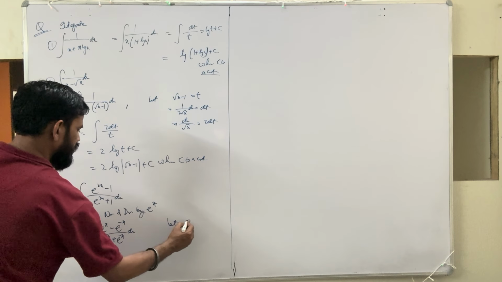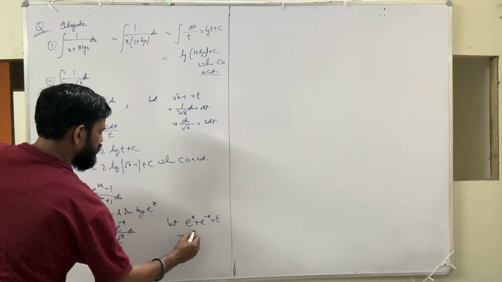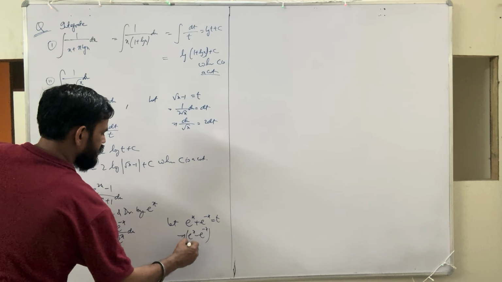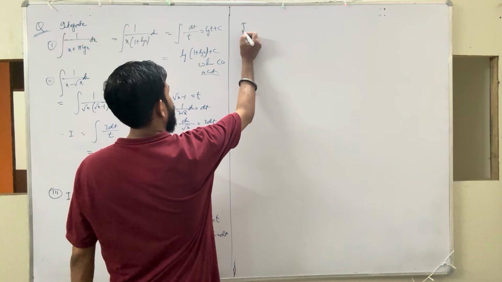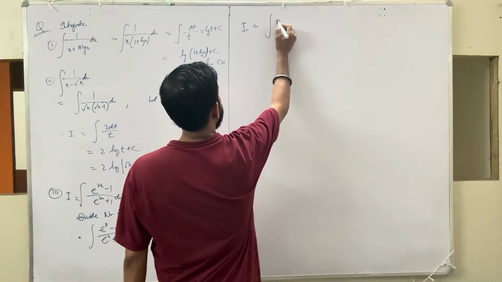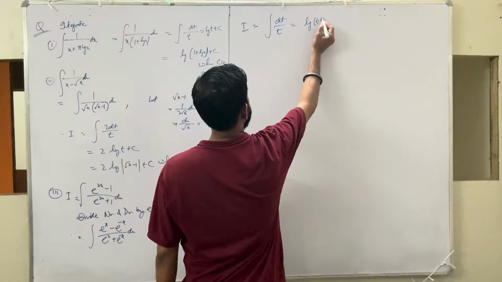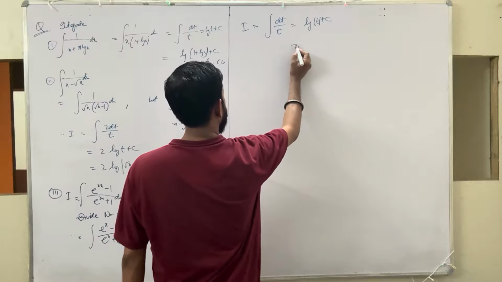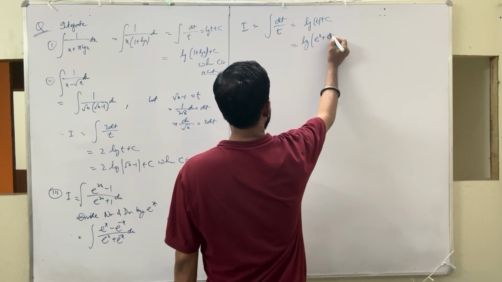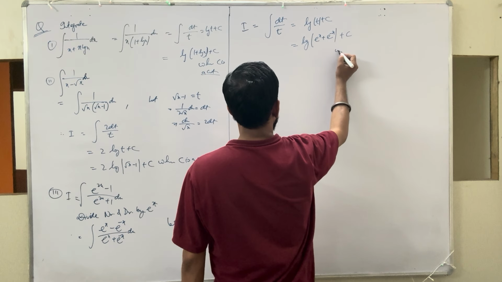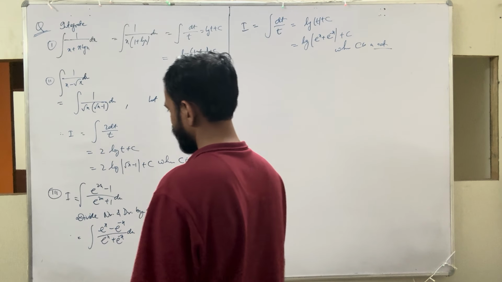Now we'll take the denominator equal to t, so it becomes e to the power x minus e to the power minus x dx equal to dt. Therefore I becomes dt by t, which will be log t plus c. So this is log of e to the power x plus e to the power minus x plus c, where c is a constant.